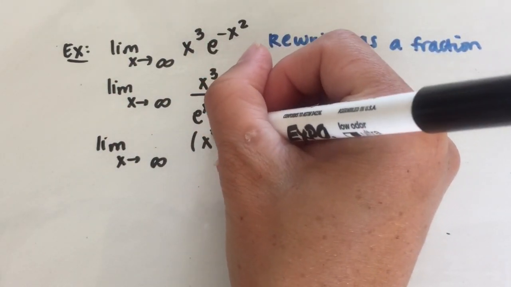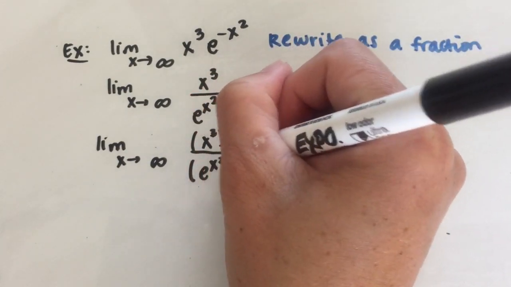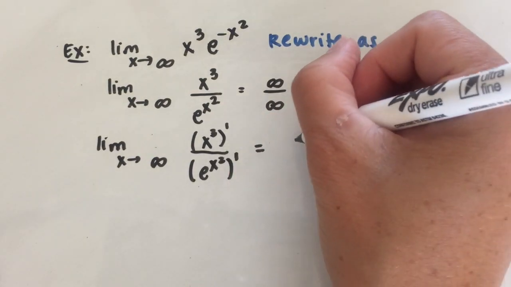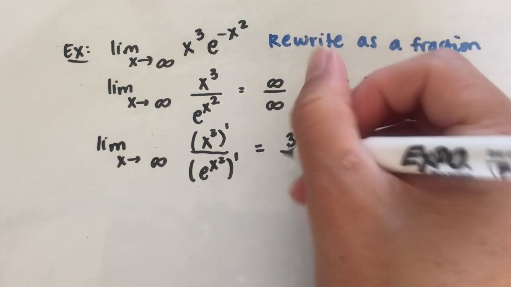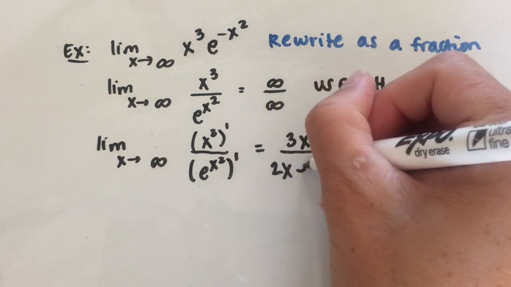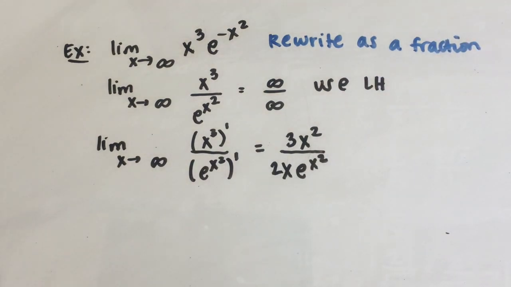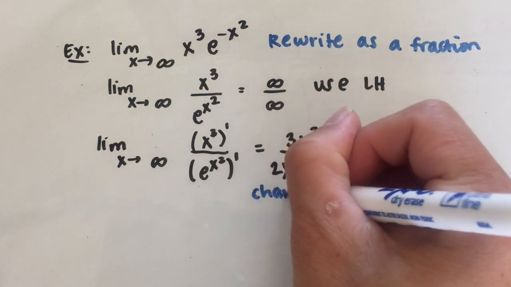The derivative of the top is going to be 3x squared. And then the derivative of an exponential is always going to be itself and then multiplied by the derivative using the chain rule.